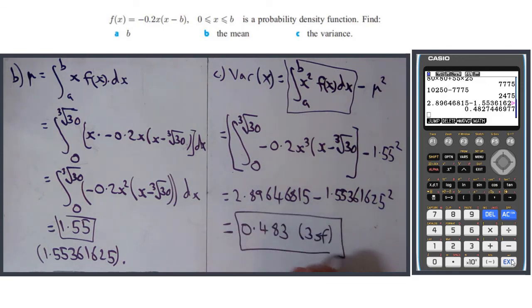That is our variance, mean of the squares minus the square of the mean.